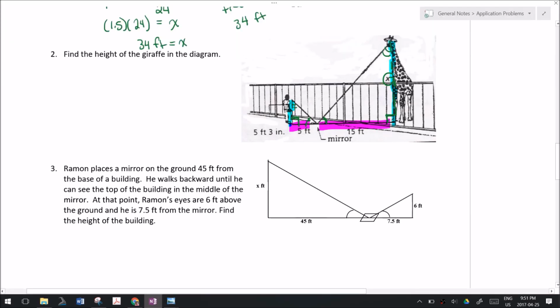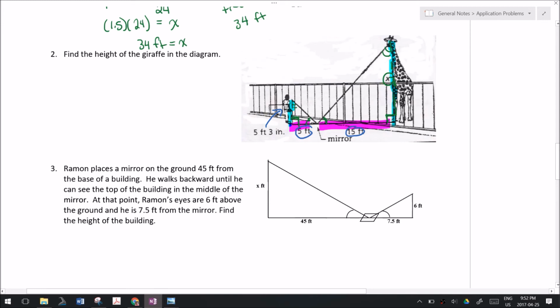So they give me down here the distance for these bottom lengths, but notice that for the height of the person, they've given me the height as 5 feet 3 inches. So that's two different units. So what we want is for this to be in the same unit.